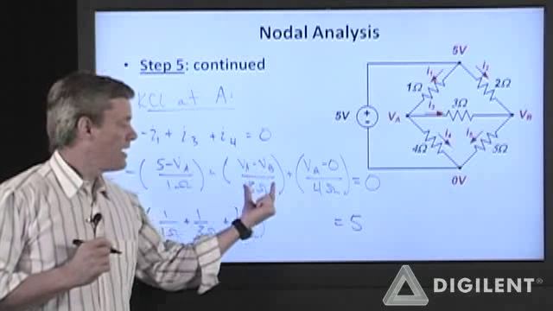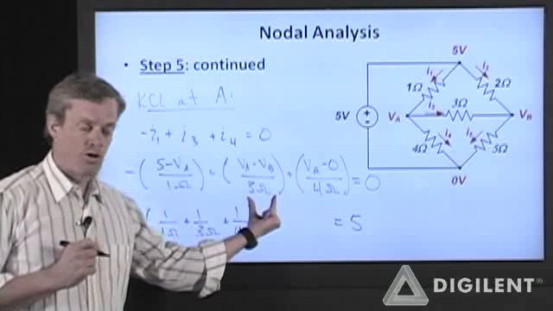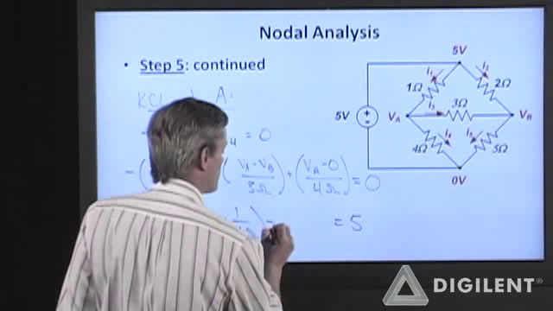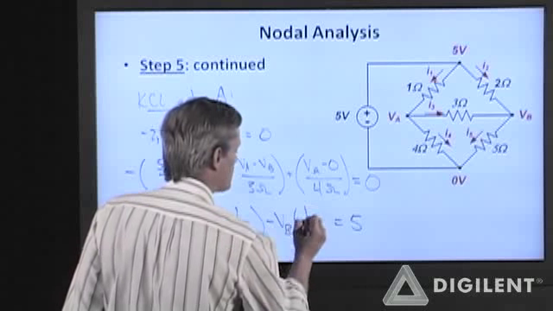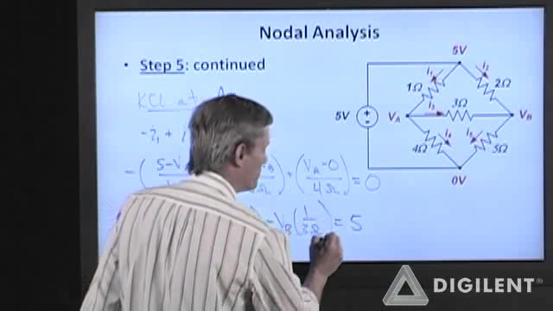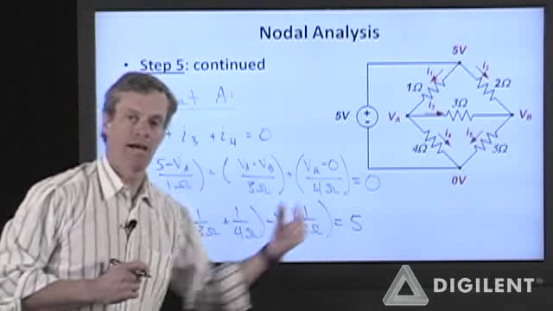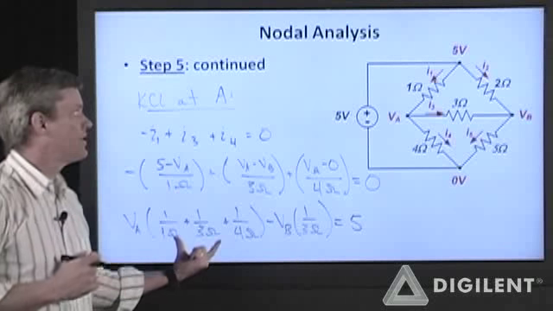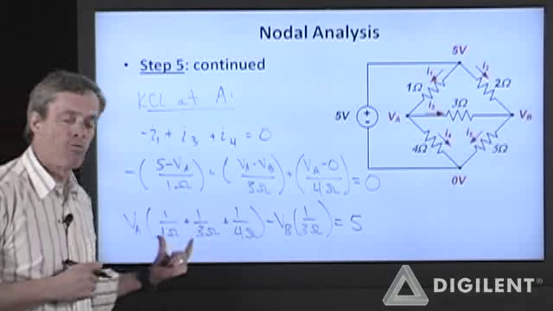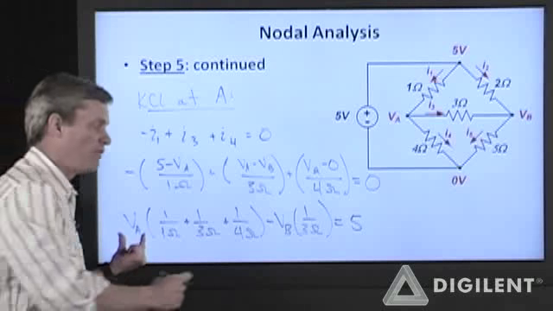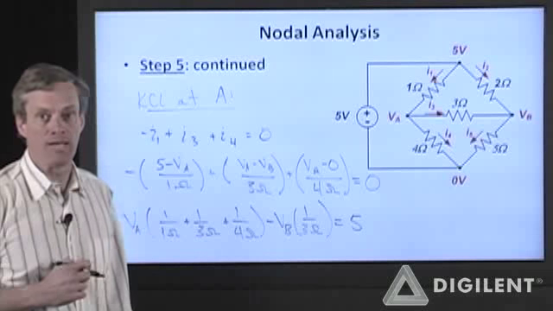VB, I have a negative 1 over 3 ohm term multiplying that. So minus VB times 1 over 3 ohms. All that's equal to the 5 that I got by moving this negative 5 to the right-hand side. So this is KCL at A written in terms of my node voltages VA and VB.